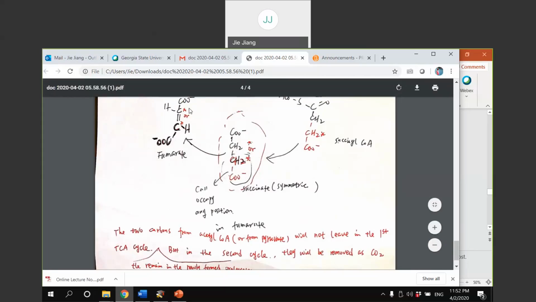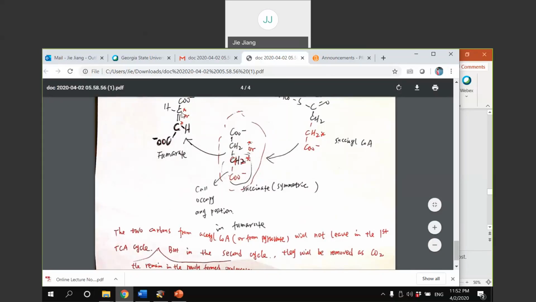So starting from succinate, I don't know which carbon is labeled. Maybe this one, maybe this one, because they are in the same position. Same thing for fumarate: which carbon is labeled, this one or this one?